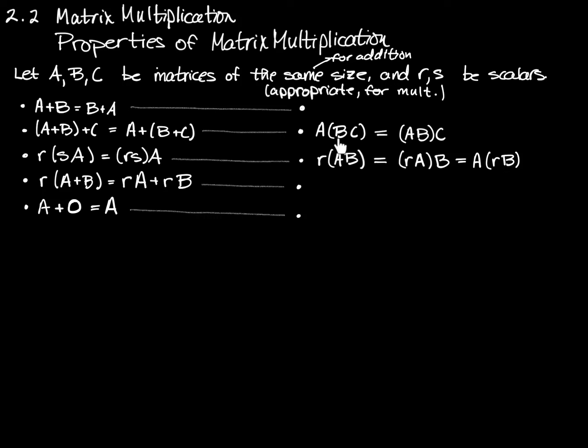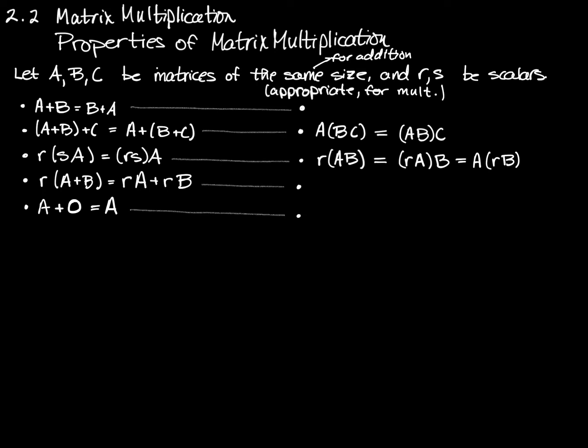Notice that in both cases here, this associative property and this associative property of scalar multiplication, both of these require that A is on the left and B is on the right, and C is on the right of B. If we change the order of the matrices, we run into the problem that we did in the last video, sorry, 2 videos ago, where we have matrix multiplication, which is not commutative.